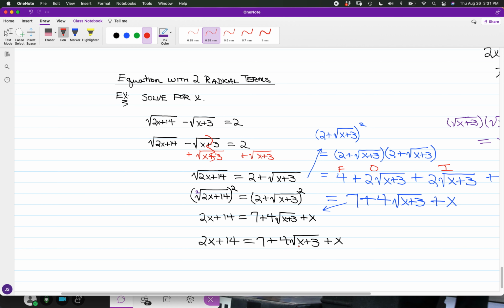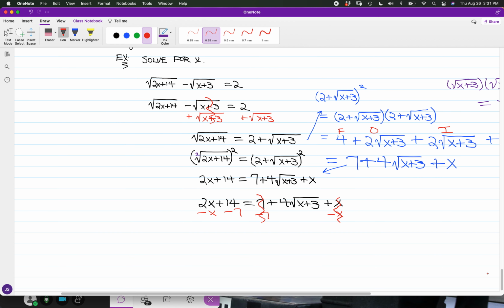If I isolate the radical, I can take x away and 7 away. And here we have 2x minus x, so this will be x.